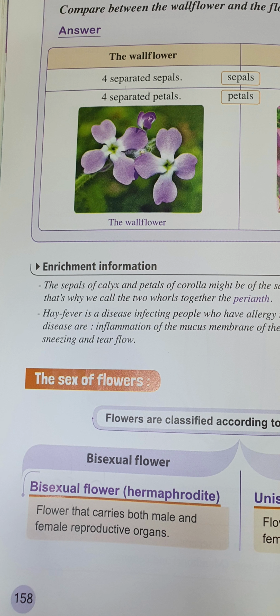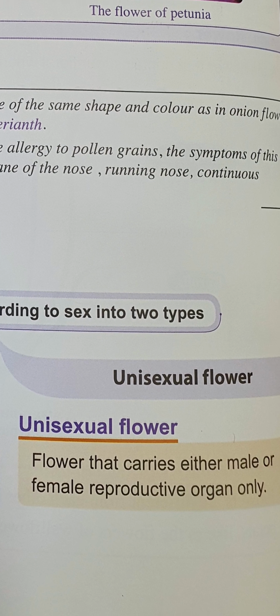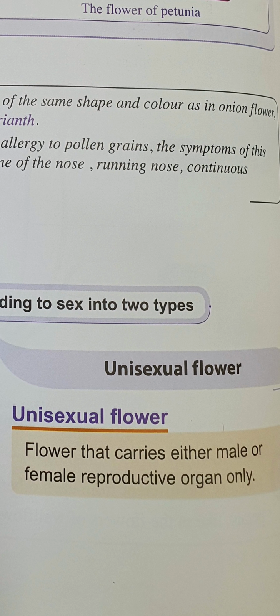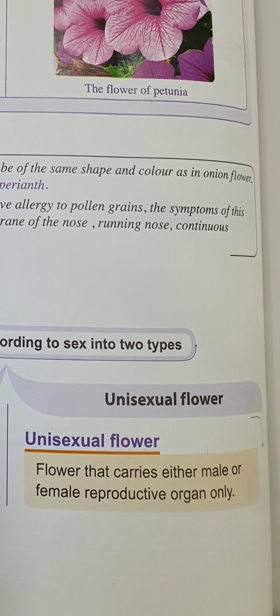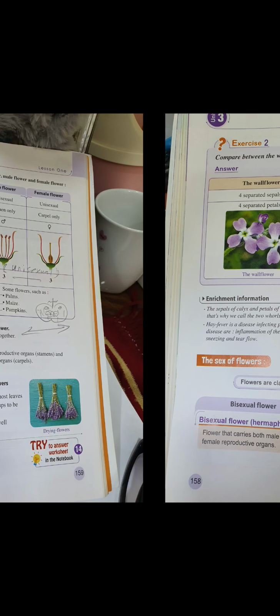The bisexual flower carries both male and female reproductive organs, androecium and gynoecium. And the unisexual flower carries only one of the reproductive organs, only androecium or only gynoecium. So the unisexual flower may be male if it carries androecium and may be female if it carries gynoecium.